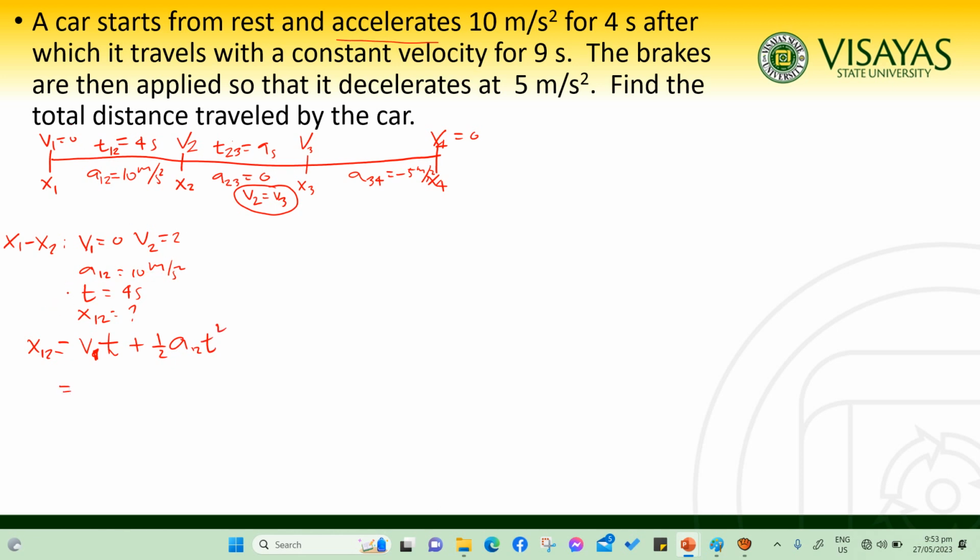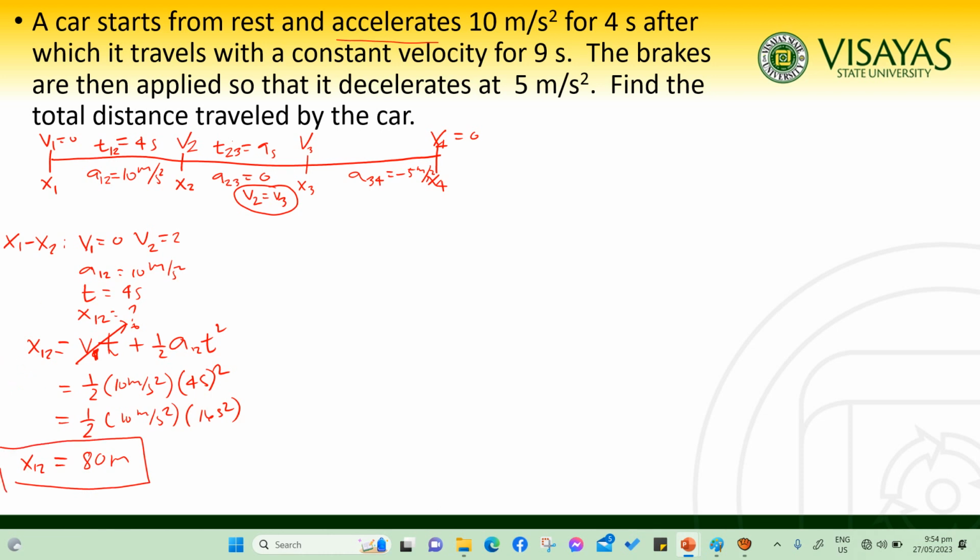The initial velocity is 0, therefore that term is equal to 0. So we have 1 half times 10 meters per second squared times the square of t, which is 4 seconds squared. So 1 half times 10 times 16, if you compute that, is equivalent to 80 meters. So this is our x12.